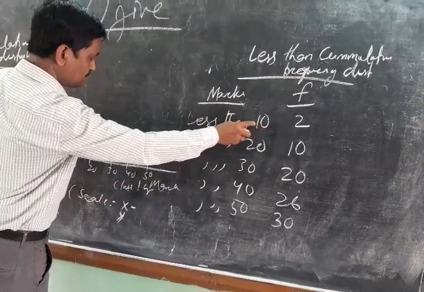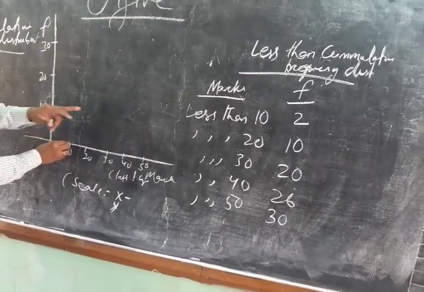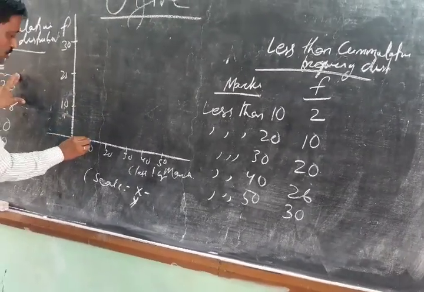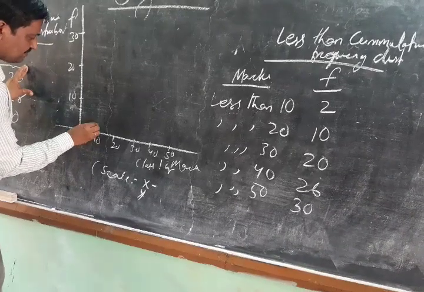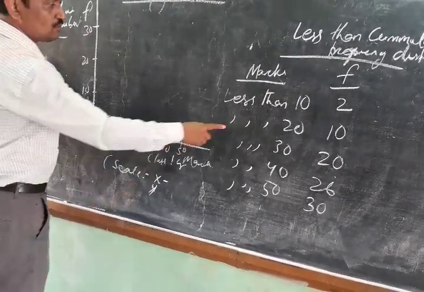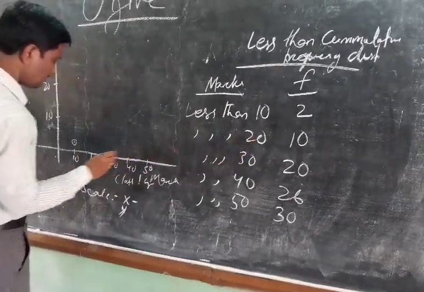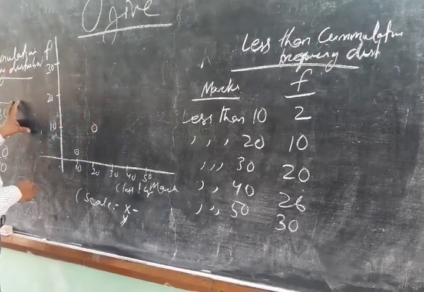Your coordinate will be (10, 2), that is x-axis 10, y-axis 2. Likewise for less than 20, it is (20, 10). You will get these points.